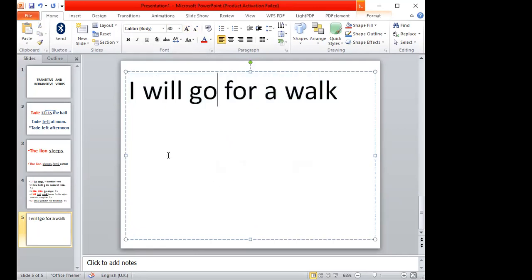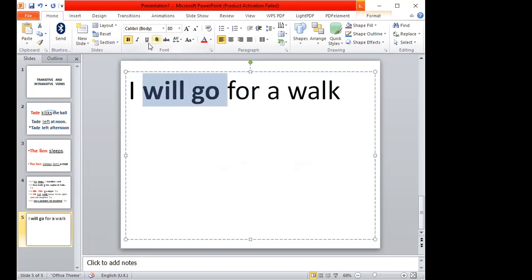Now, I have two verbs here, and I will work on both of them. The tense of this verb is the future. So this will be my verb, and this will be my subject.